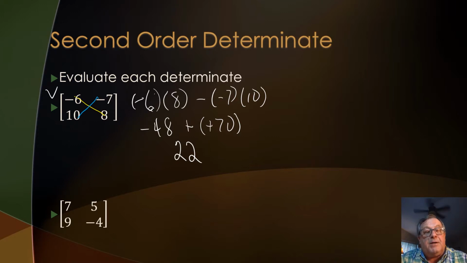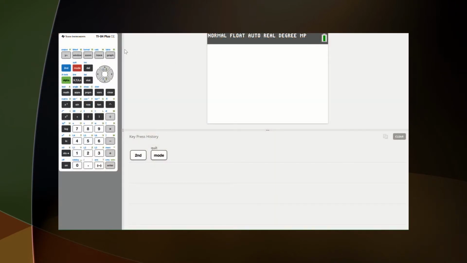Now, we've got a second matrix here with 7, 5, 9, and -4. It's a 2 by 2, a square matrix. But we're going to move to the calculator and find the determinant using it. We're going to find the second order determinant of this 2 by 2 matrix.